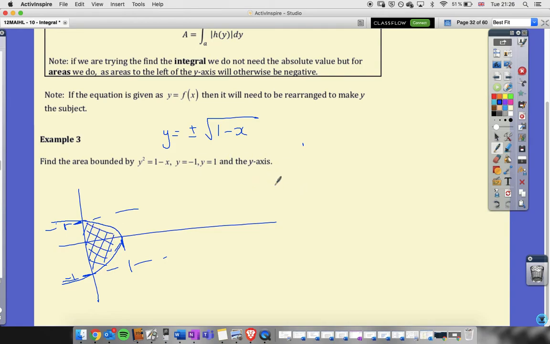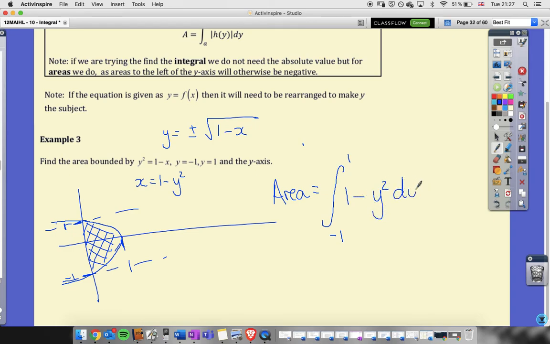Okay, so we're going to do this, but where we would be writing y's, we're going to be writing x's. So I'm going to go from negative 1 up to positive 1. I need a function in terms of y, so let's rearrange this. It's going to be x equals 1 minus y squared.